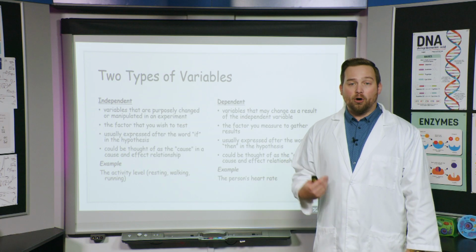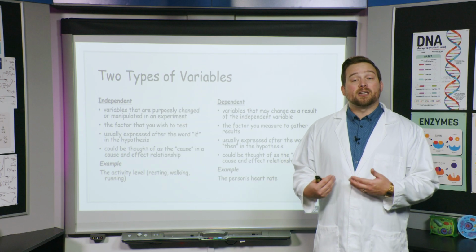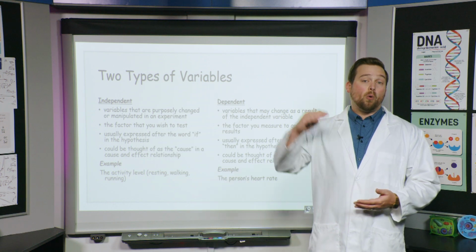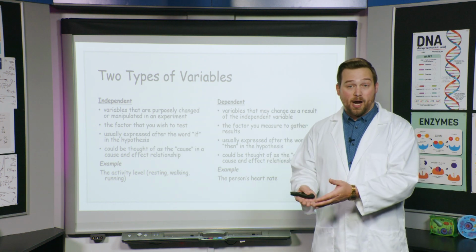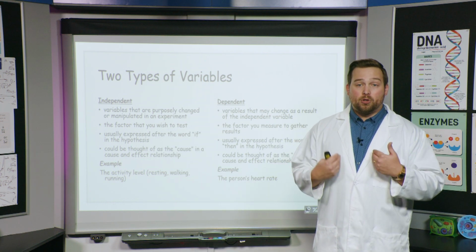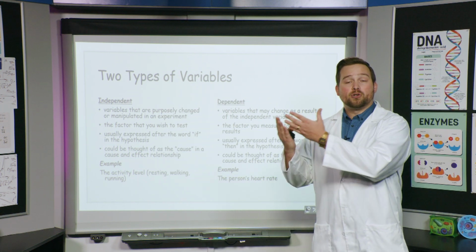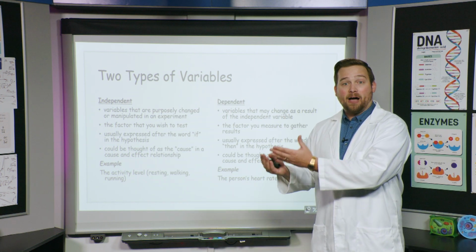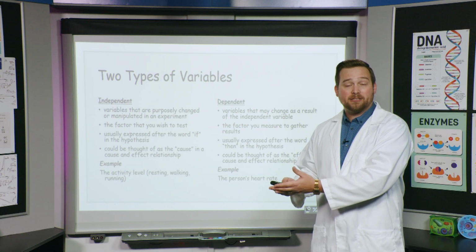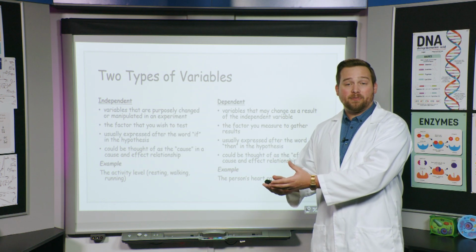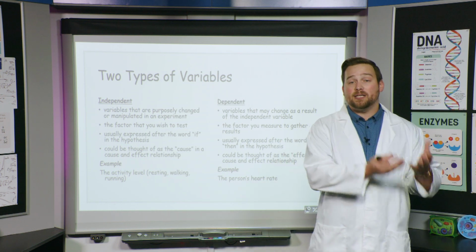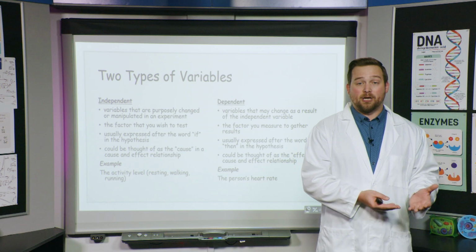If I'm walking, my heart rate isn't going to change as much. It's not going to go up as much as if I was running. So if I'm doing the walking or the running, that's the independent variable, but the results that I get out of it, how fast is my heart rate after I exercise, that's the dependent variable because it's responding to what we made the test subject do.